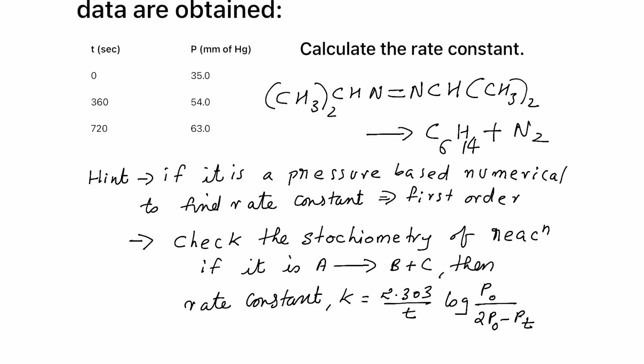Then you can find the rate constant by using this equation: 2.303 by t log P0 by 2P0 minus Pt. Very important hint. So in this question the stoichiometry follows this order, A gives B plus C, and it is a first order reaction. So you can directly use this equation for finding rate constant.